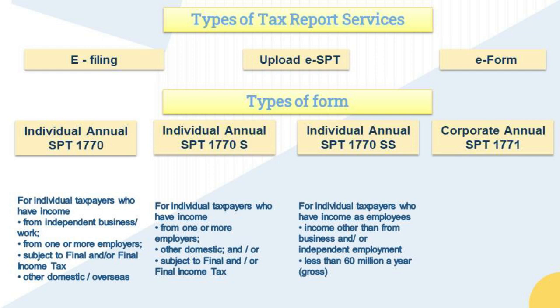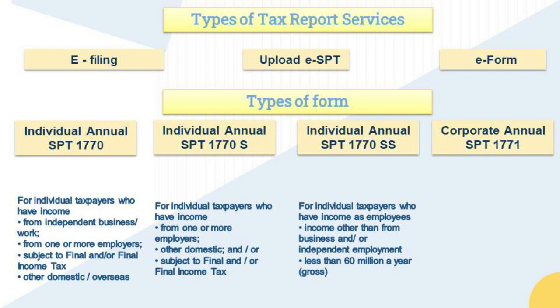Second, upload e-SPT. The taxpayer can upload soft copy of the SPT. Third, e-form. The e-form application is done manually and online. In the e-form application, individual taxpayers and business entities can upload the annual SPT form first and fill it out at any time.